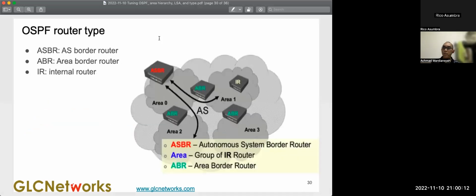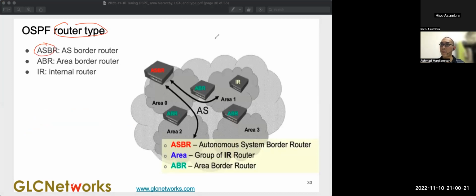Okay, so let's continue. When we do OSPF, usually we have several router types here. So we have ASBR. So this guy, it's a border router. This is the internet, and then for example, this is your AS. The router that connects to the internet is called ASBR. And then here you have ABR, which is this guy. Why?